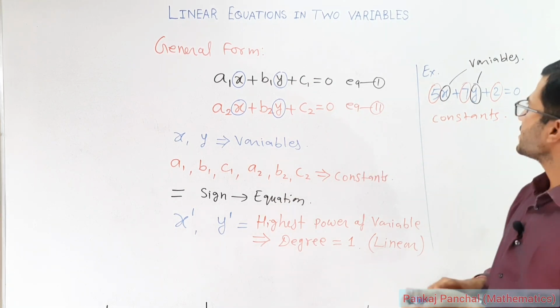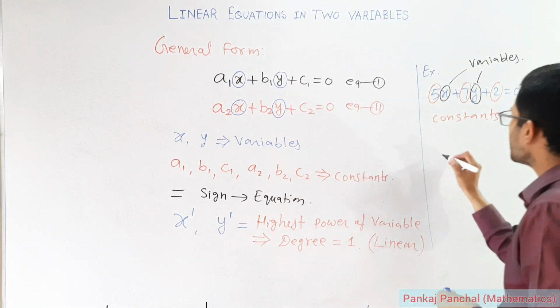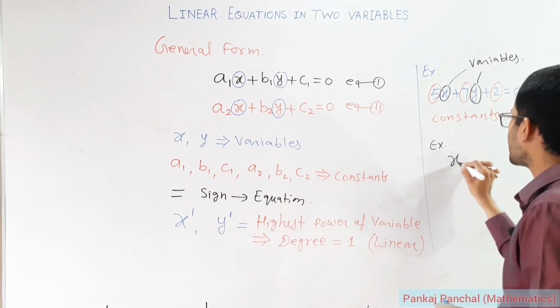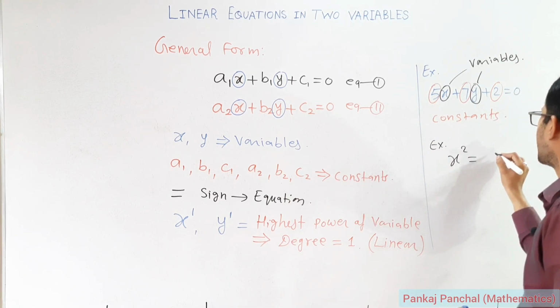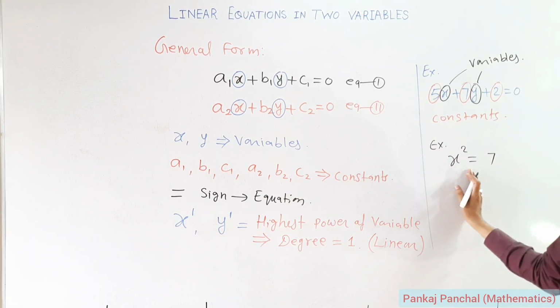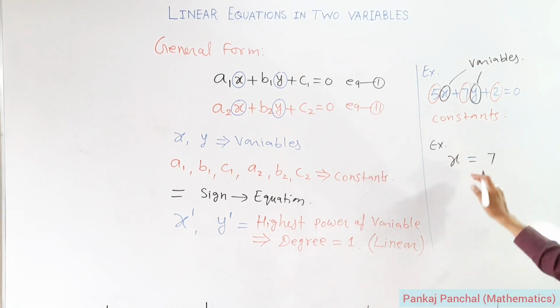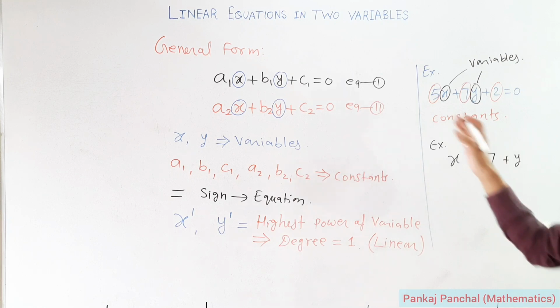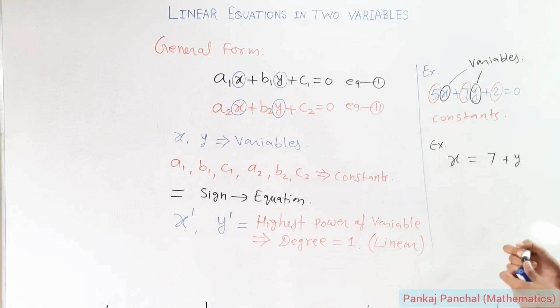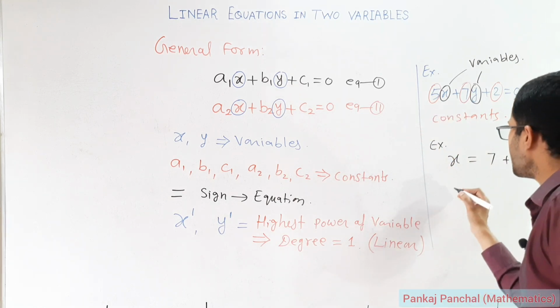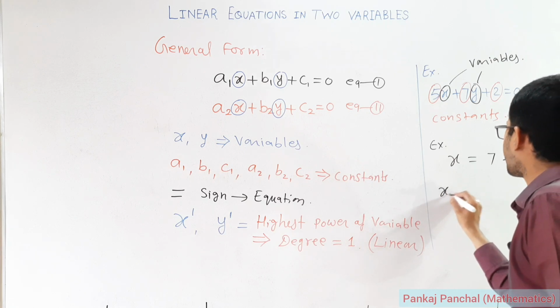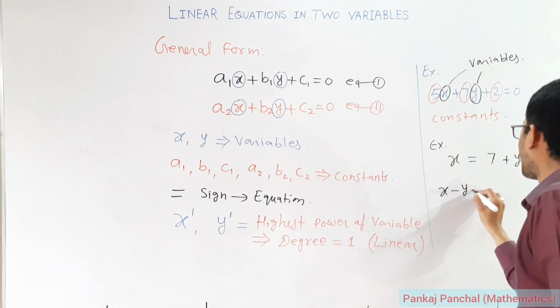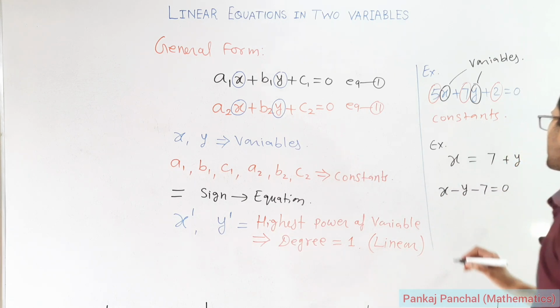Another example we can take: x is equal to 7 plus y. This one is also a linear equation in 2 variables. Means we will rearrange it and write x minus y minus 7 is equal to 0.